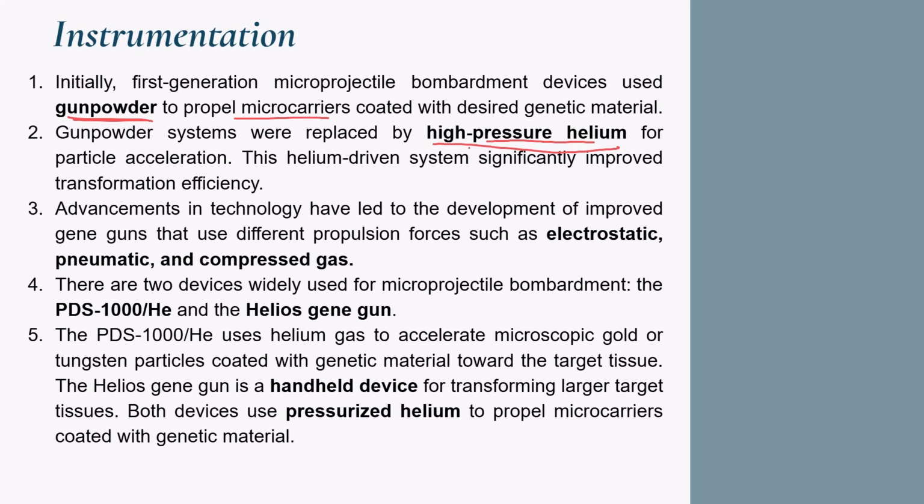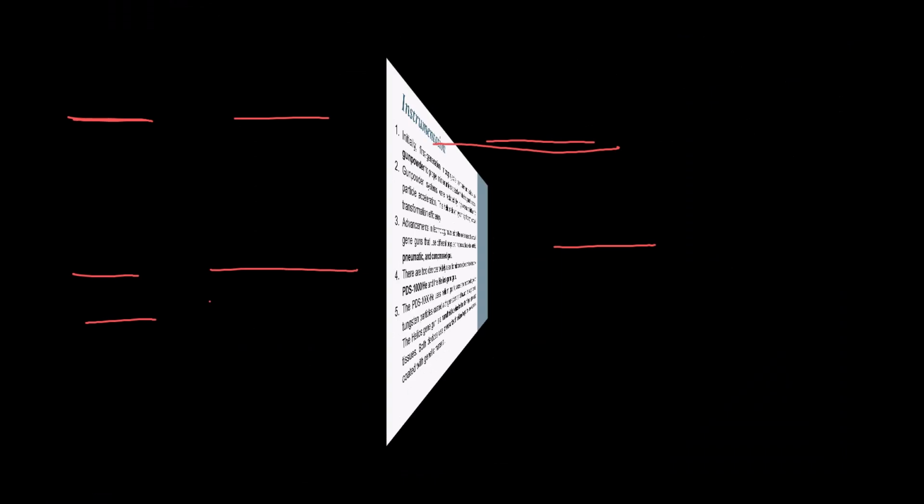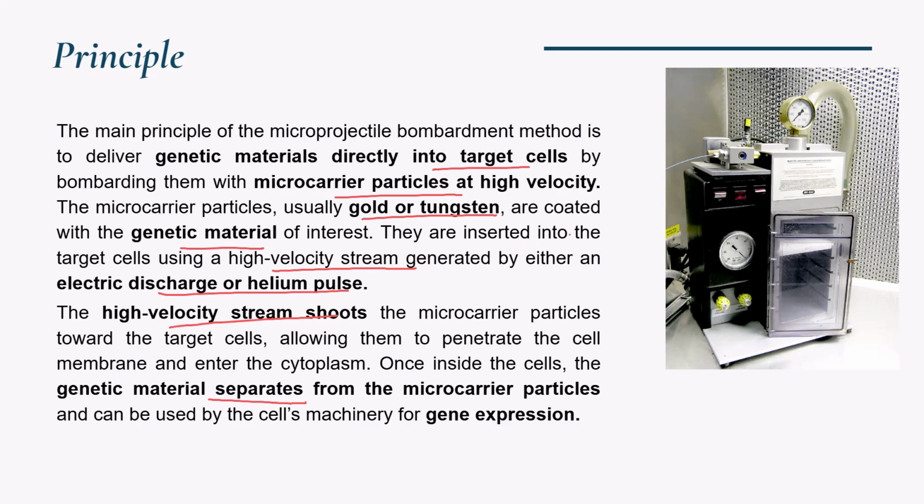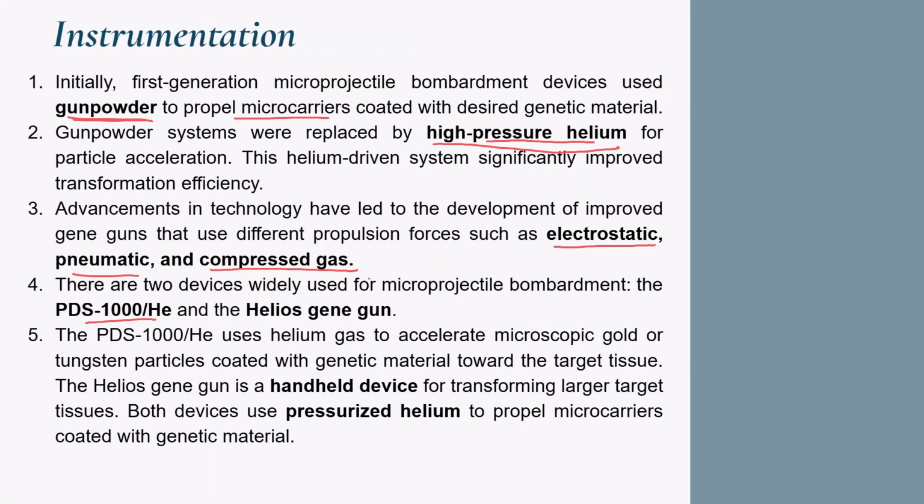The achievements in technology have led to the development of improved gene guns like electrostatic, pneumatic, and compressed gas gene guns. All these variants have been developed, and the PDS 1000 helium system, I will show this machine. Yes, this one. This is the PDS 1000 and Helios gene gun, the first one which we saw.